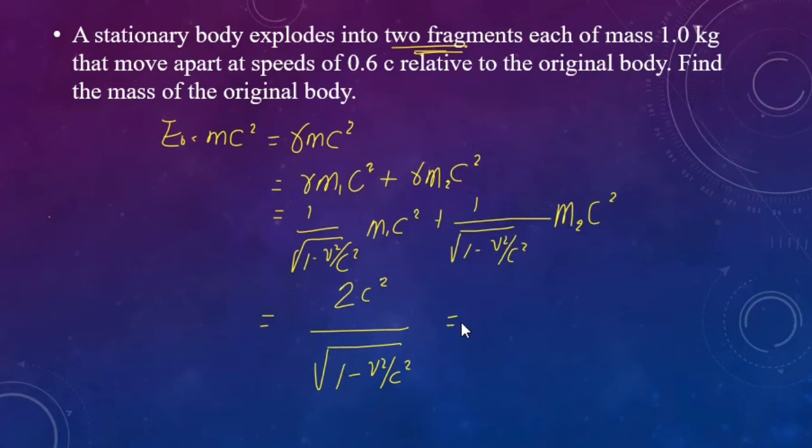Let's substitute: 2 times (3 times 10 to the 8 meters per second) squared, divided by square root of 1 minus, the velocity is 0.6c, so that will just become 0.6 squared.